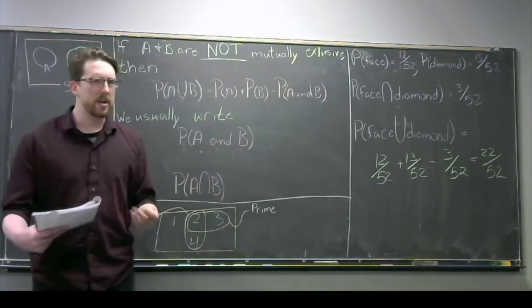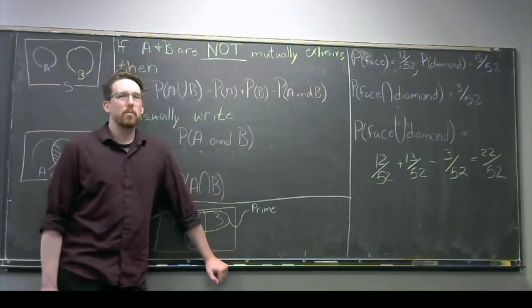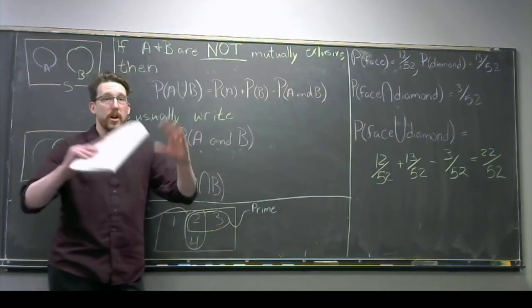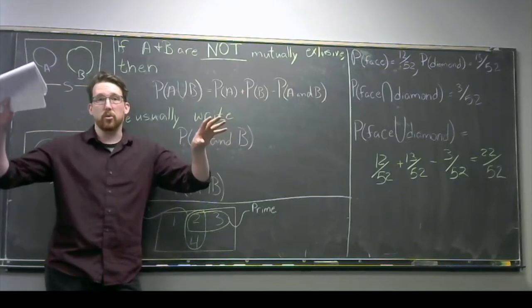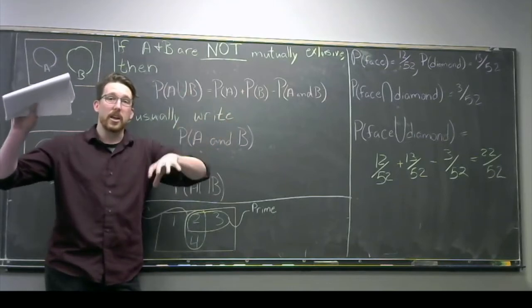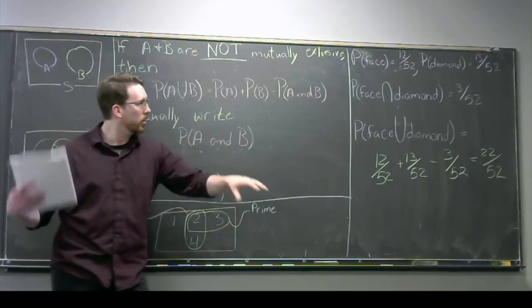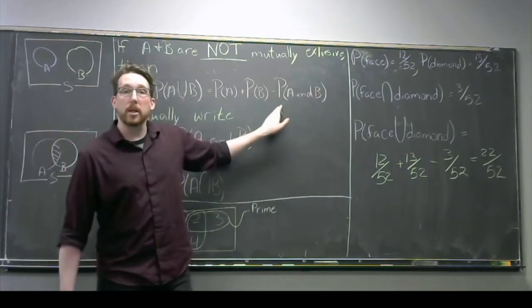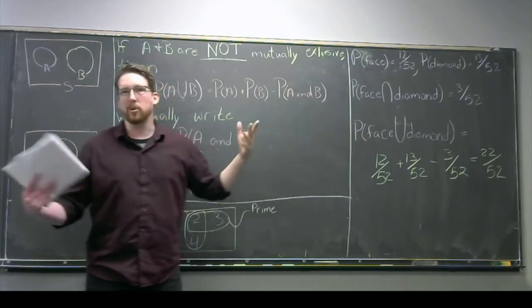So this is really the idea of it all. We're really ultimately saying, I want to know the probability of pulling something out of these two giant sets combined. But if I count each set individually, their intersection is getting counted twice, so I have to pull it out. That's all we're doing, really.